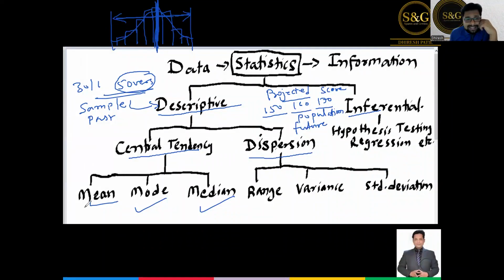Central tendency is measured by mean, mode, median, and dispersion is measured by range, variance, and standard deviation. And just talking about inferential statistics: process capability analysis, hypothesis testing, regression, design of experiments, all these are inferential statistics. Are you clear?